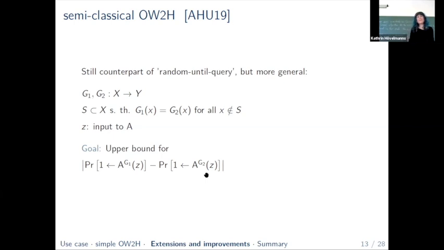So what Dominique just said was that since this is an information theoretical bound, we don't have any limitation on the complexity of Z, meaning that we also could replace that with a quantum bit string. But for the rest of the talk, we'll still just consider a classical string for ease of presentation.